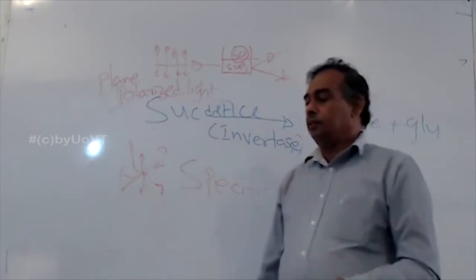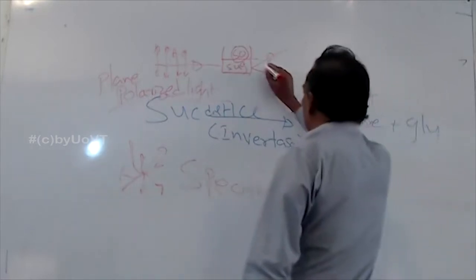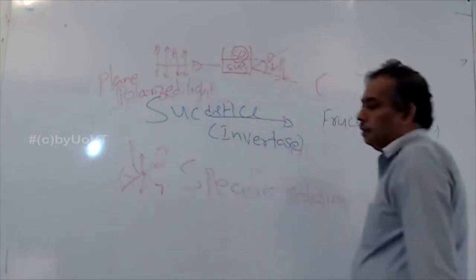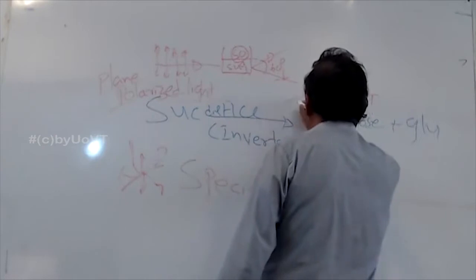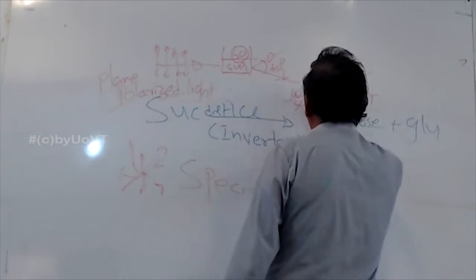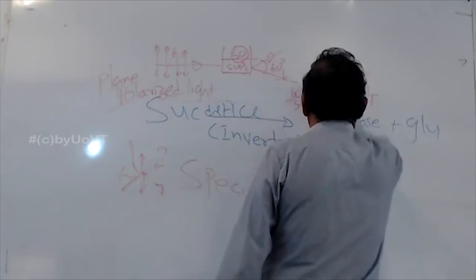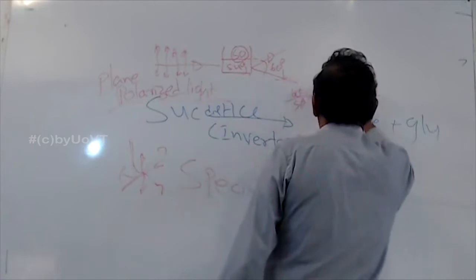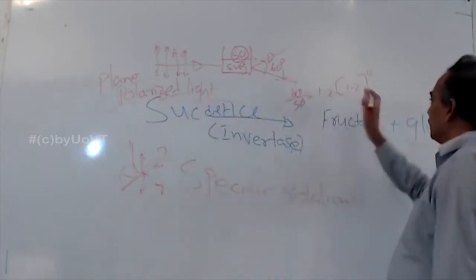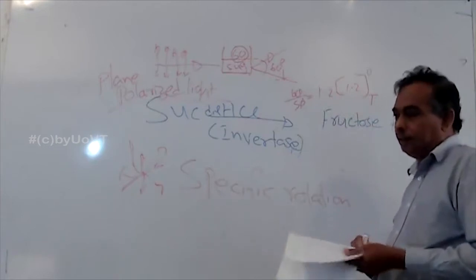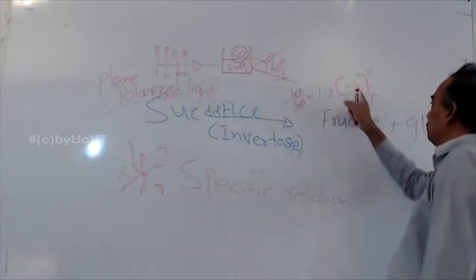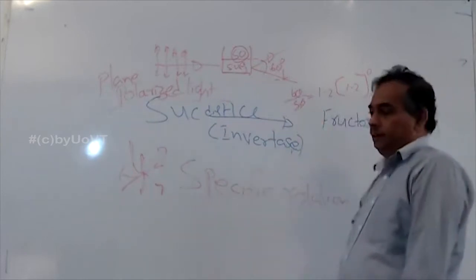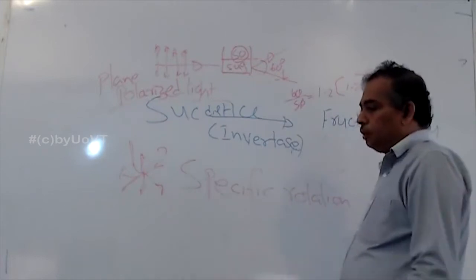If this rotation by 50 molecules is 60, then per molecule it is 1.2. In this case, the specific rotation in this solution is 1.2 per molecule capacity. That is specific rotation.